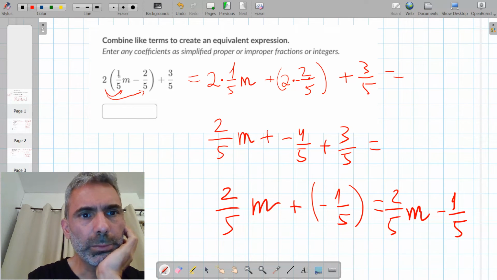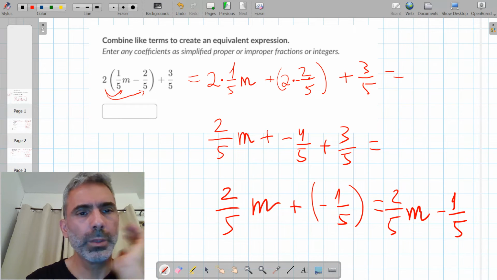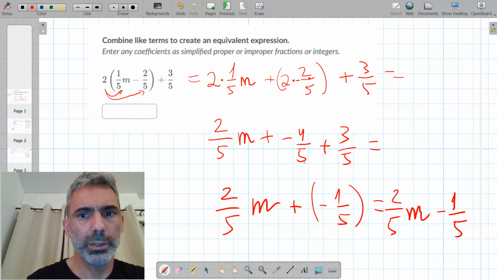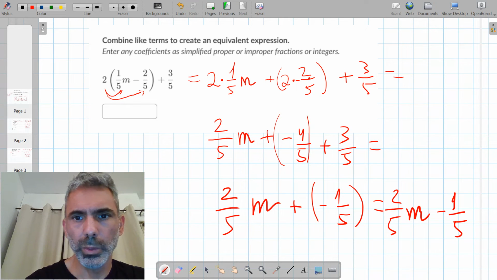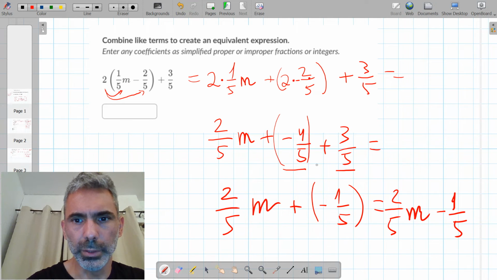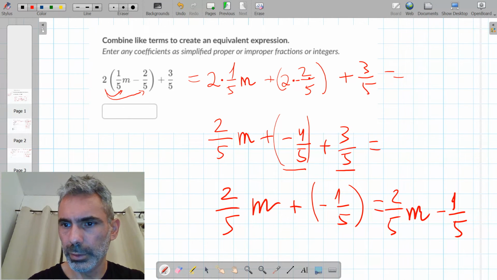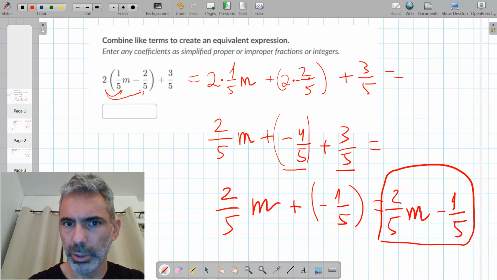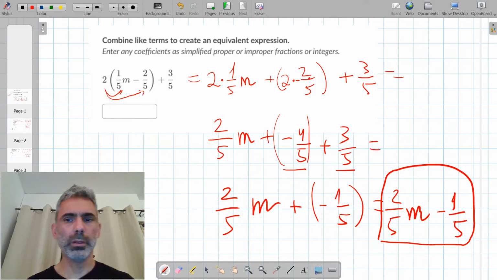Okay, so 2 times 1/5 m is 2/5 m, and 2 times minus 2/5 is minus 4/5 plus 3/5. So these two terms can be combined because they are regular numbers, and when we combine minus 4/5 and 3/5, we get minus 1/5. So eventually we end up with this expression, 2/5 m minus 1/5.